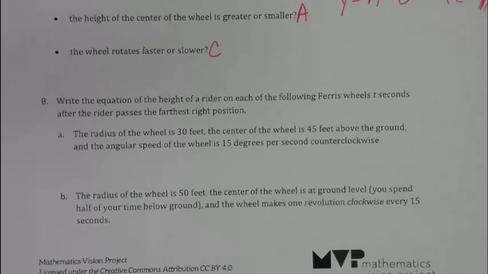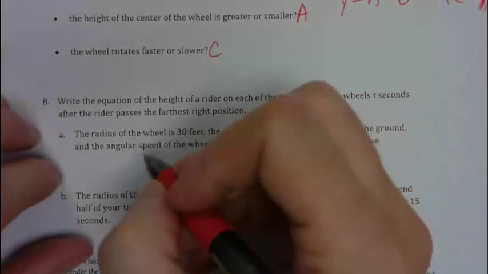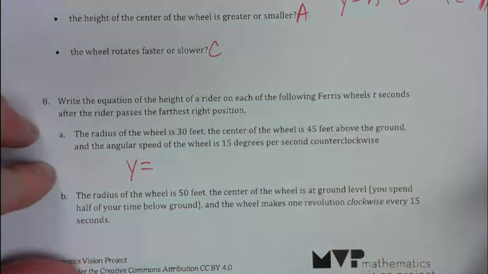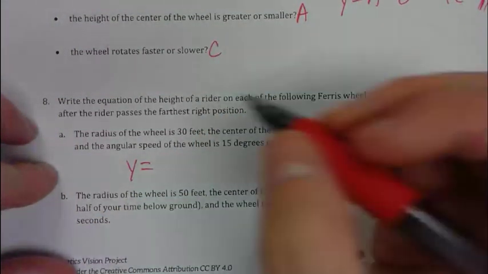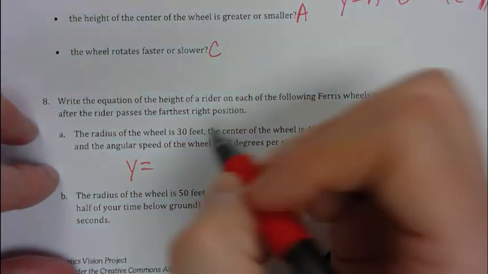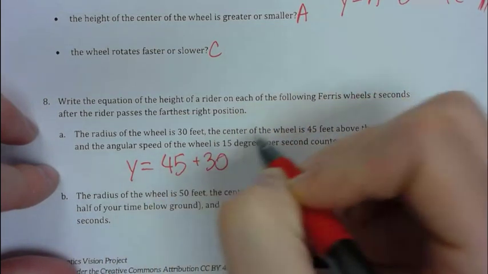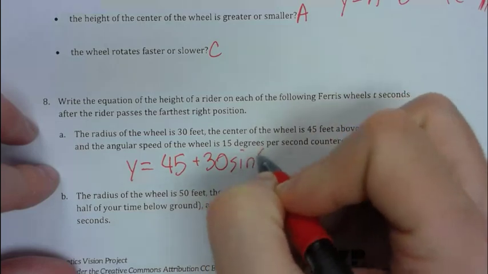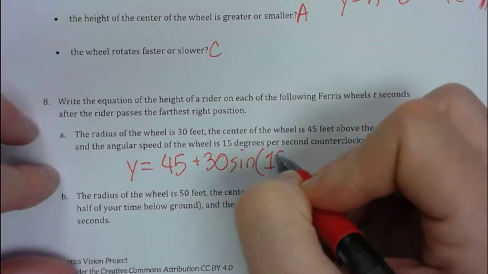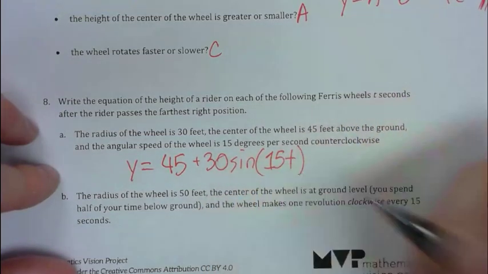And so that means that we can just use that 15. So we would make an equation for this one that would equal 45 feet plus 30 sine of 15 degrees every 1 second.